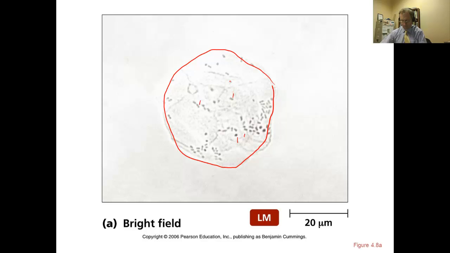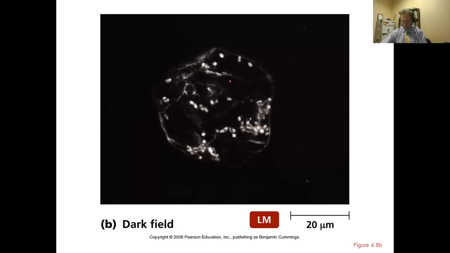We flip the switch and stick that opaque disc down between the light source and the condenser lens, and we've now set up dark field microscopy. Dark field microscopy, a dark background, and we can now see pretty clearly the outline of the cell that's on here, a nice bright white line surrounding it, and these things that were kind of darkish gray before, very easy to see at this point.